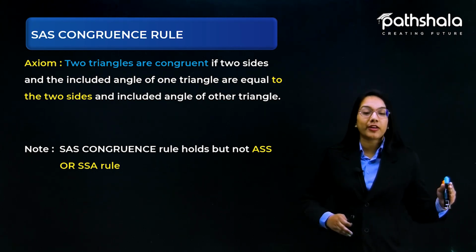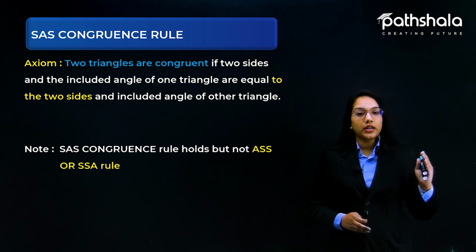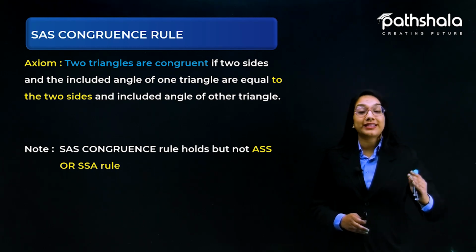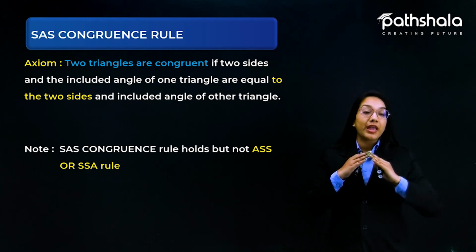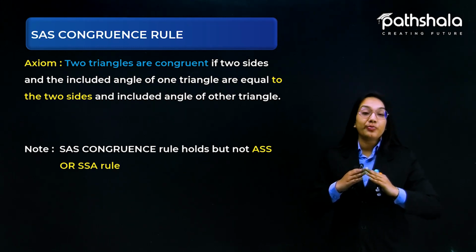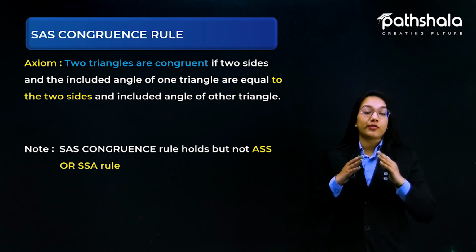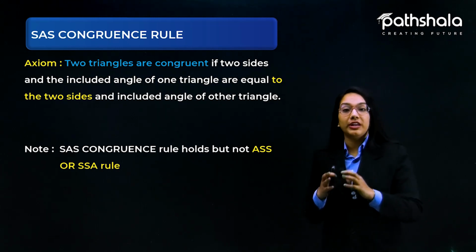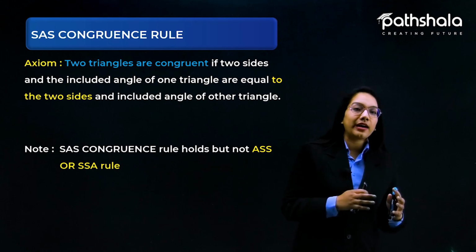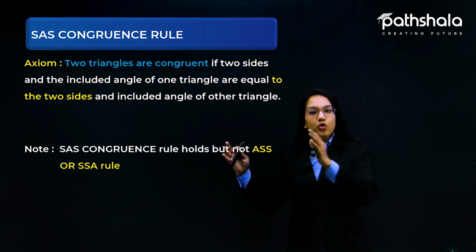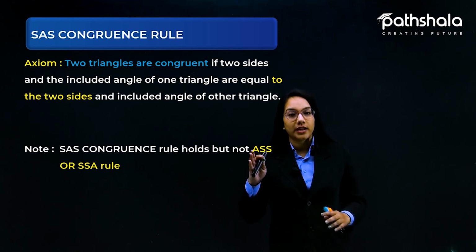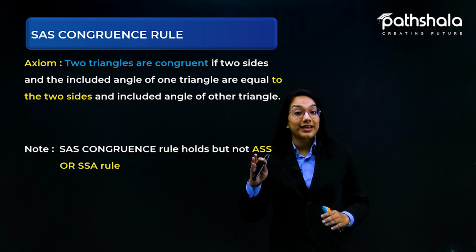Whenever we talk about the congruency of two triangles, the included angle of the two equal sides of one triangle should be equal to the included angle and the two sides of the other triangle, which leads us toward the SAS congruence rule rather than the ASS or SSA rule.